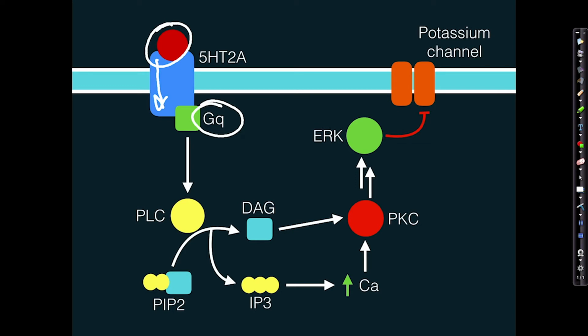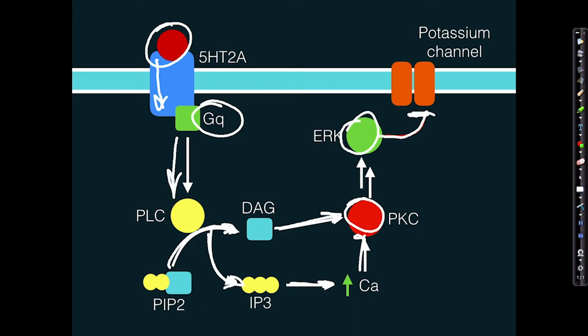GQ activation leads to activation of phospholipase C, which leads to the production of DAG and IP3, which together in a synergistic fashion activate protein kinase C, which indirectly through a number of other kinases activates ERK, this MAP kinase as it's called, which phosphorylates the potassium channel and inactivates it.